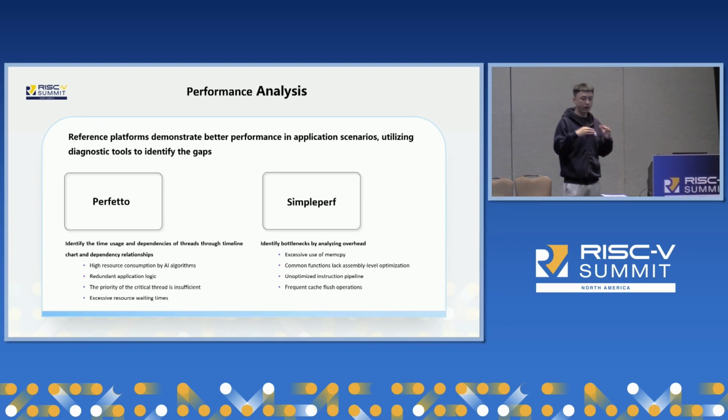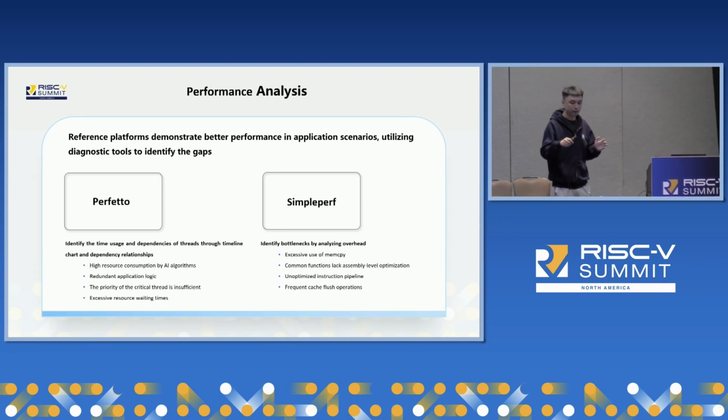For us, we use Perfetto to find high resource consumption by AI algorithms and some redundant application logic. We can find which critical thread is not sufficient, and what is happening and which thread is blocking system performance.